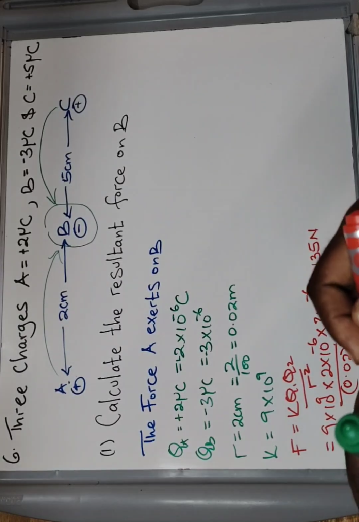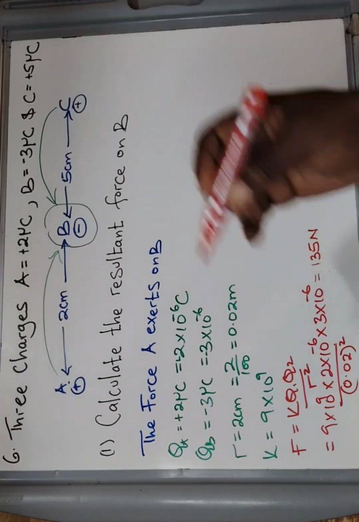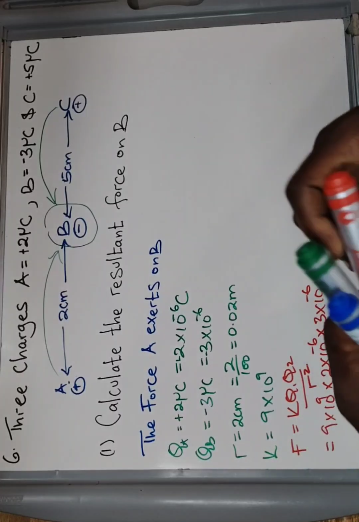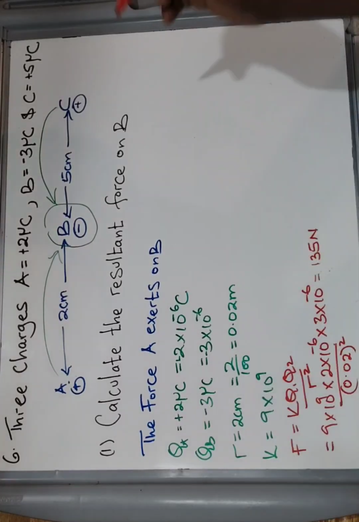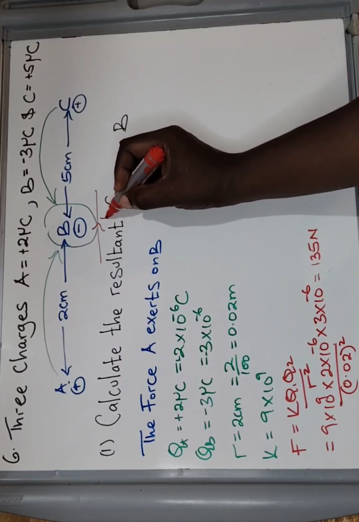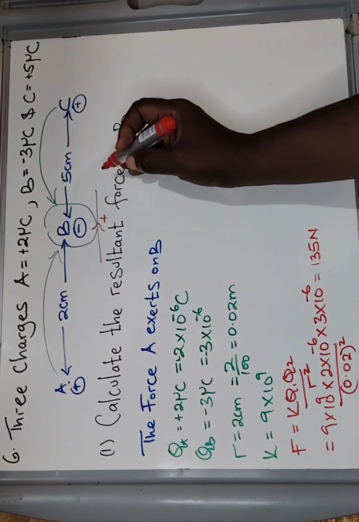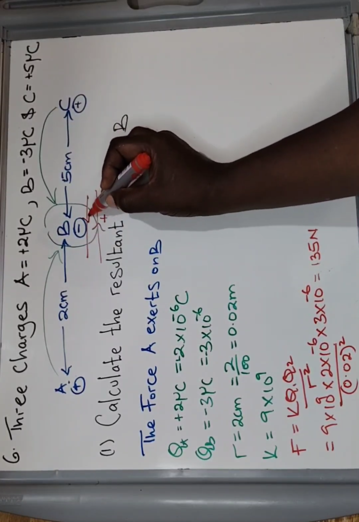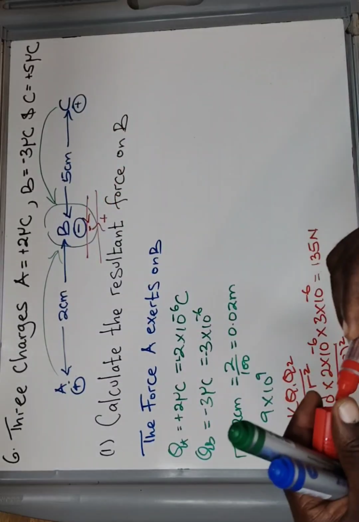Then we go to the next step about this answer, to find out whether it's positive or negative. You have to know that you can choose any direction. So if I happen to choose this one as positive, it means that the reverse is negative.